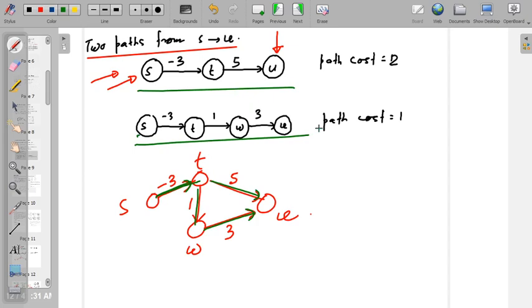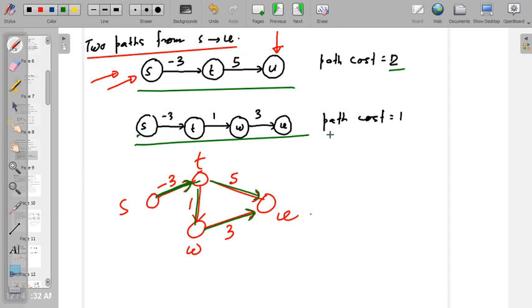Now if I adopt that idea that we'll be converting each edge weight to positive, then for this I can add up +3. But if I am not converting the edge weights, then what will be the shortest path from S to U, this path or this path? 5 plus -3, that means 5 minus 3, the path cost is 2.